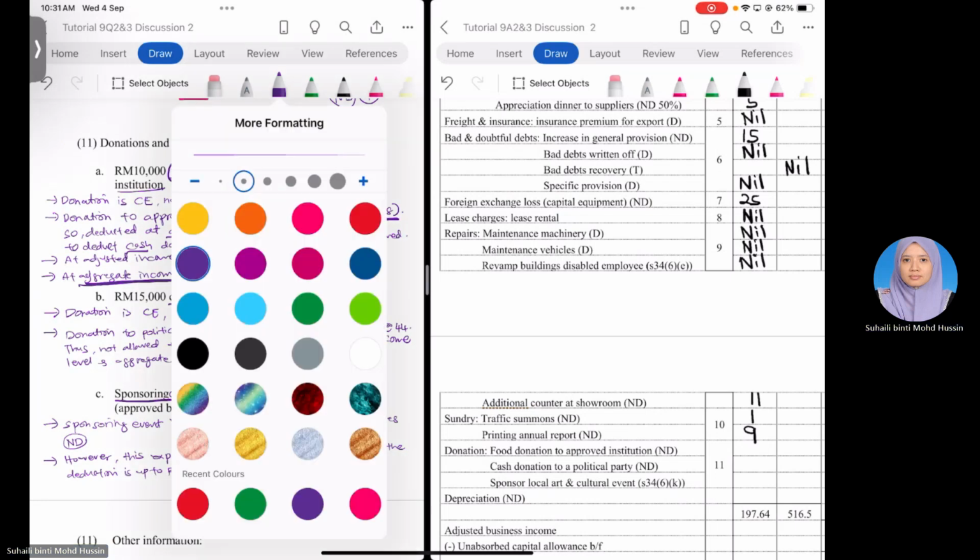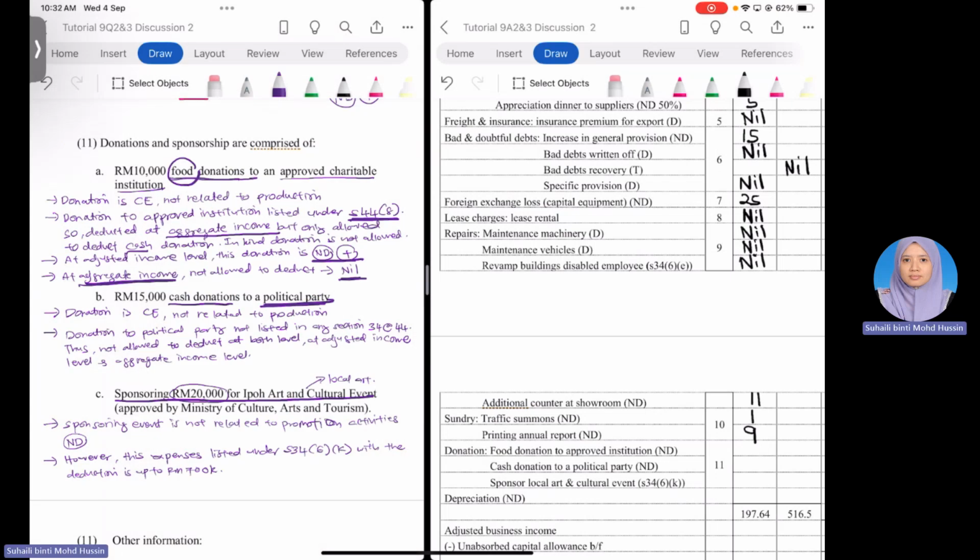Okay, and when the company makes the donation to the approved charitable institution, the government only allows deduction according to section 44 subsection 8 at the aggregate income level.